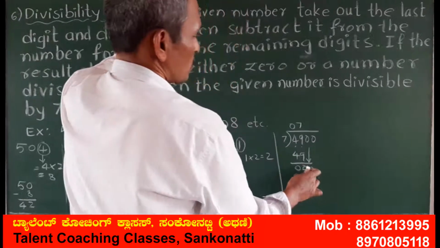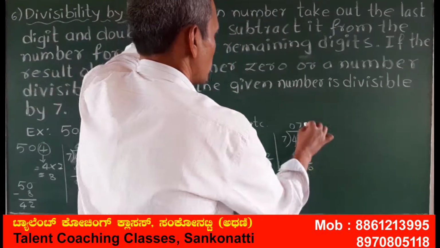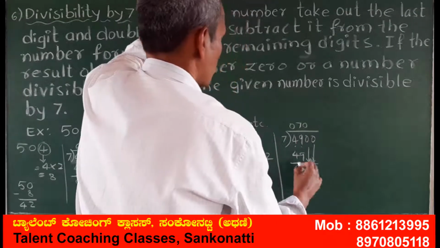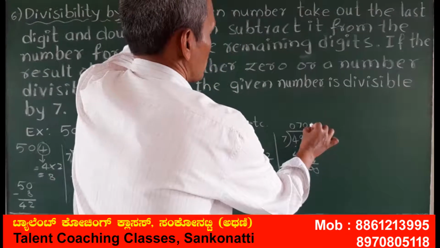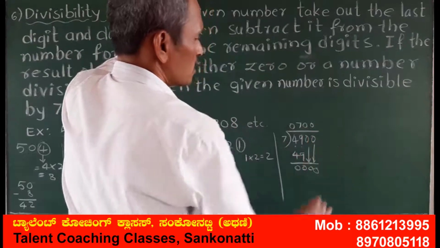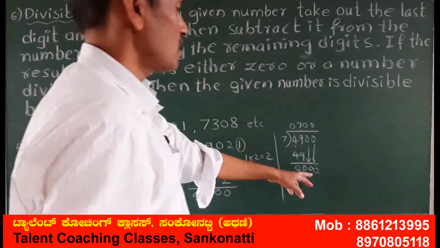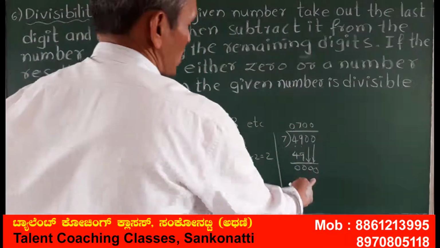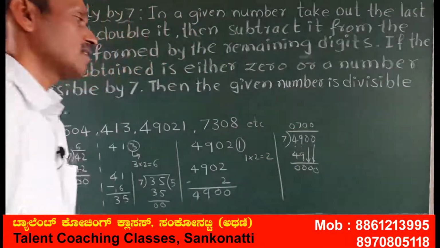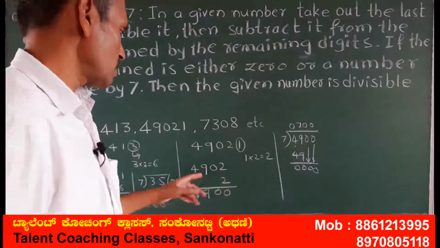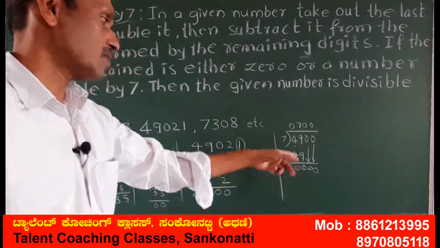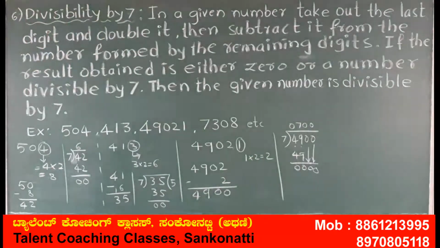In the 7 table 0 is not there, write 0, take down the next digit. Again 0, write 0. The remainder is 0, and this is the quotient. So by seeing the remainder we can conclude that 49021 is also divisible by 7.